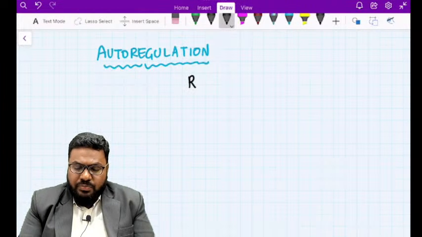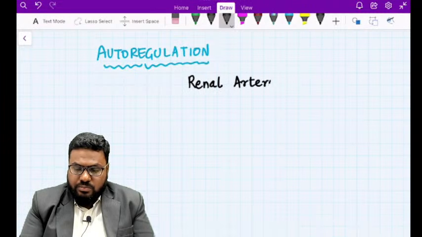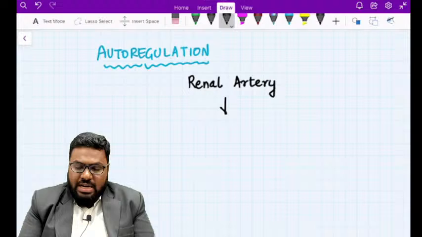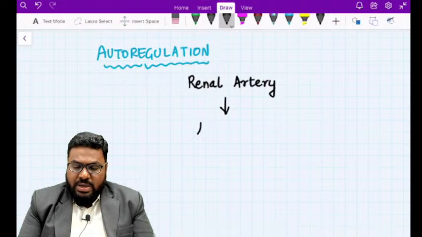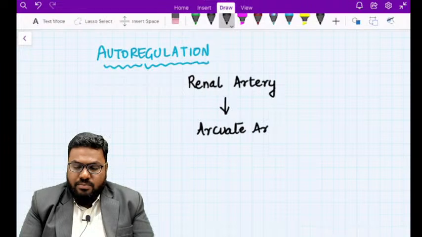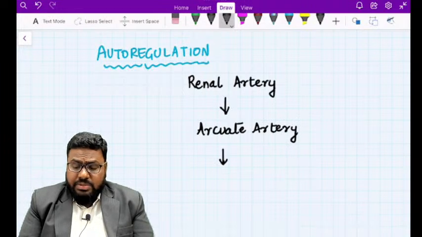So renal artery, blood from the renal artery, then the blood is passing into the arcuate arteries, which is the branch of the renal artery. This is very important.